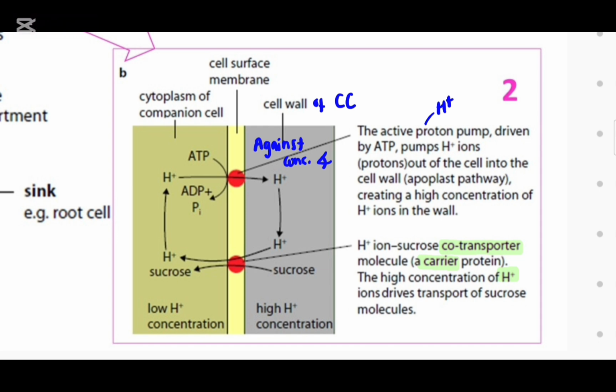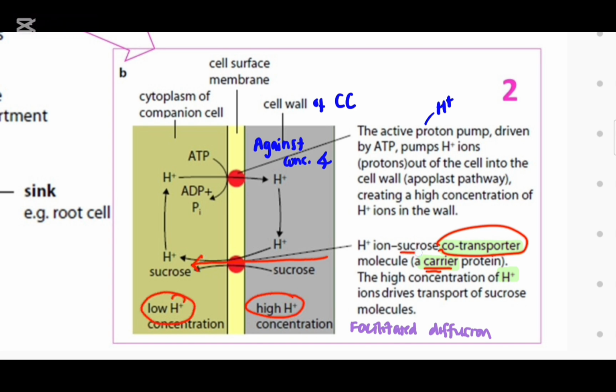This is actually an example of facilitated diffusion. But the difference is that it doesn't come in on its own. Using this co-transporter carrier protein, as hydrogen ions diffuse down their concentration gradient from high to low concentration, they also carry along sucrose, like what you can see here. So now more and more sucrose are able to enter the companion cell.